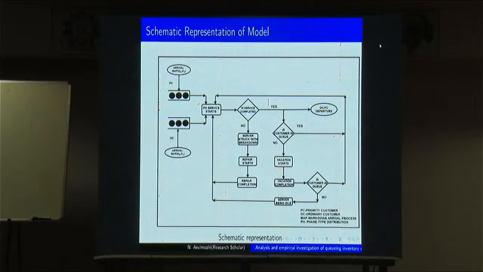When any customer arrives in the system, the server starts service with a phase type distribution. After service completion, is the service completed? If yes, the customer leaves the system, and if no, the server is struck with a breakdown.